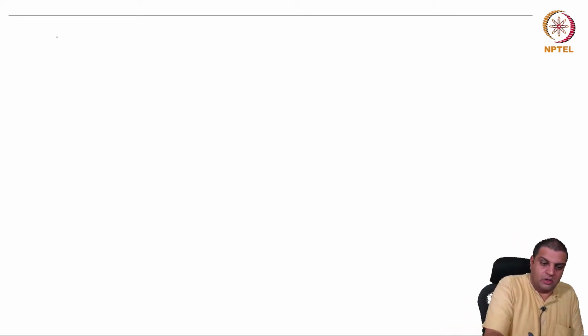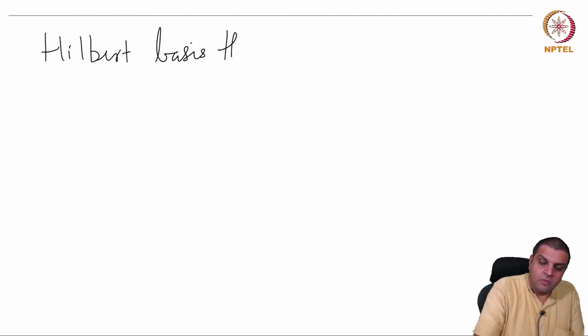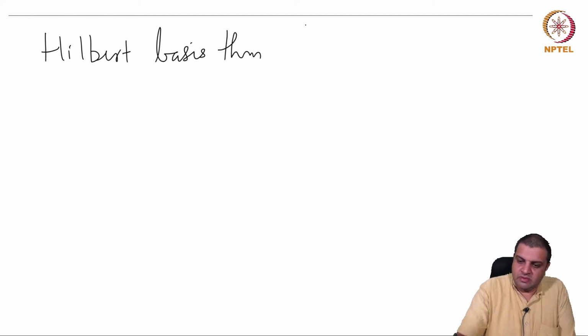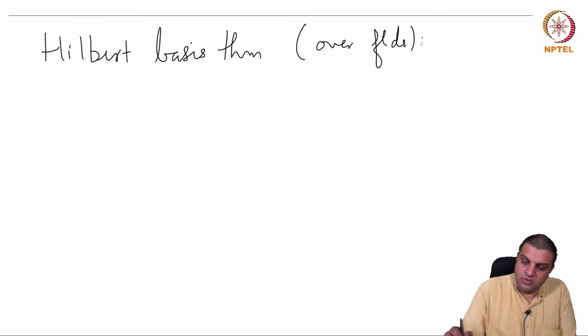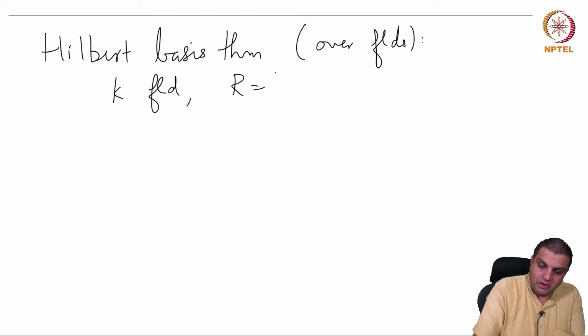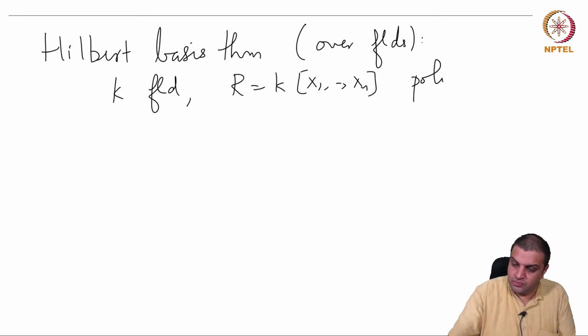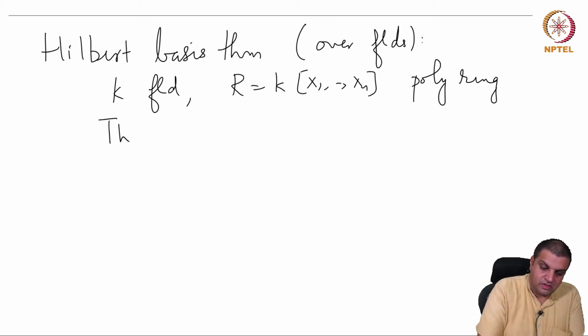Recall the Hilbert basis theorem. For fields, the point that we want to prove is: K a field, R a polynomial ring in finitely many variables, then R is Noetherian.